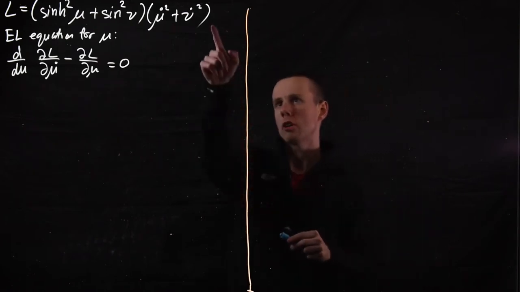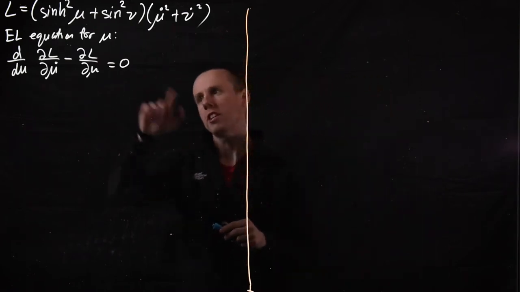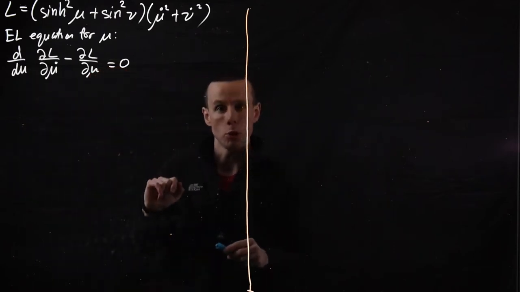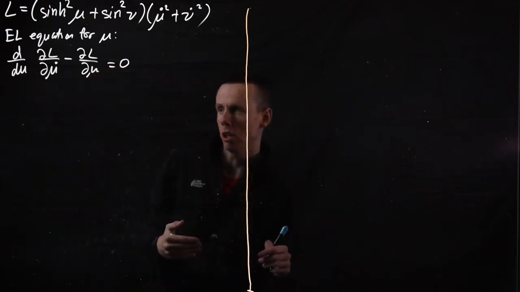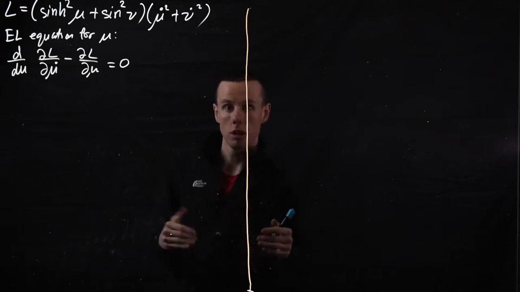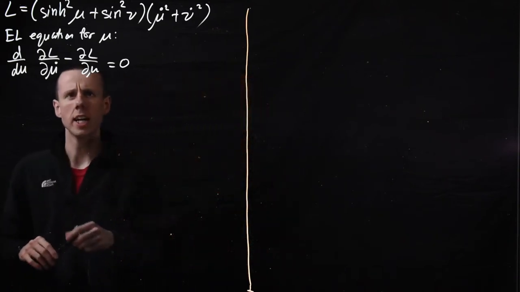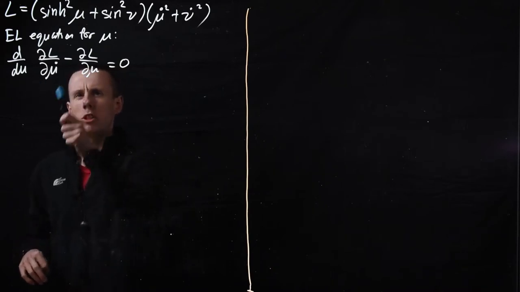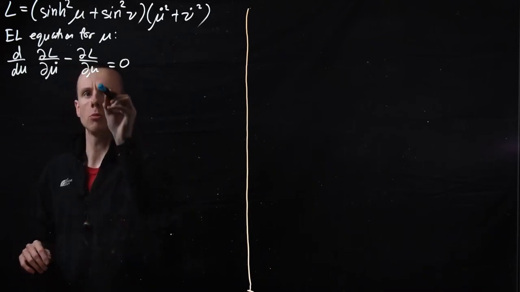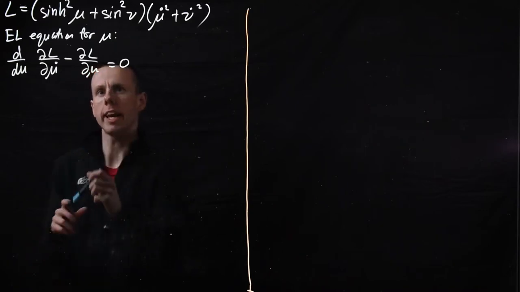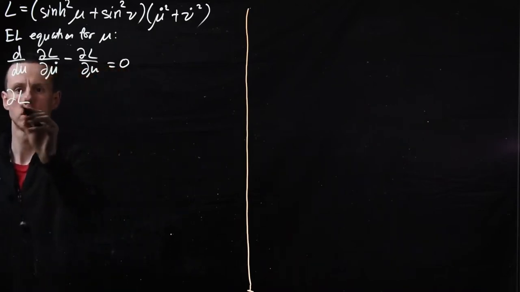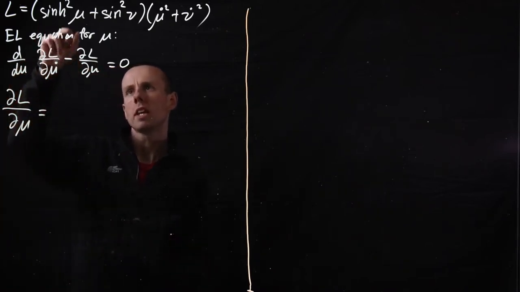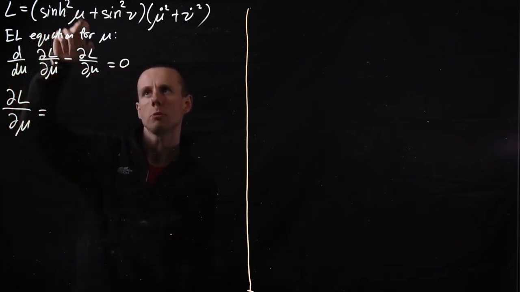So here's our Lagrangian once again, and we're ready to go ahead and plug it into the Euler-Lagrange equation, first of all for mu, and then we'll come to the other Euler-Lagrange equation for nu afterwards. I think it's helpful here just to work out the various bits we need separately. So let's just start with this piece, dL by d mu. And what will that be? So mu only appears here in the sine squared of mu.